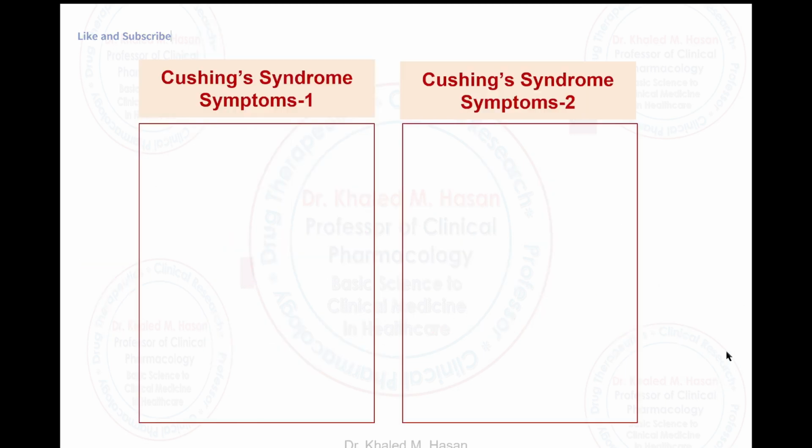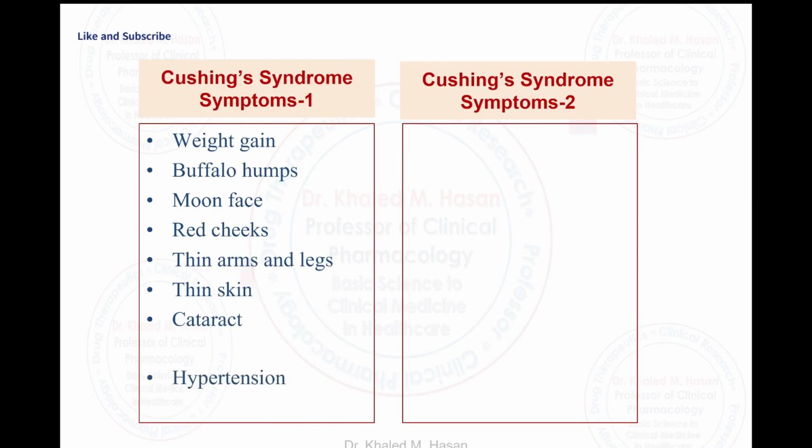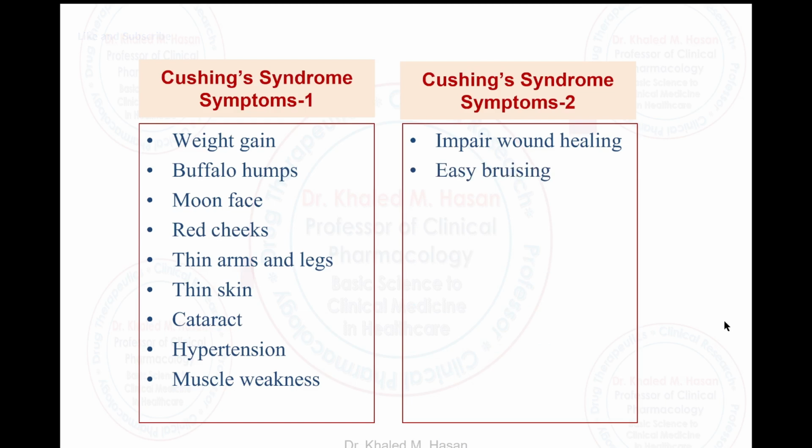Cushing syndrome: what type of symptoms can we see? The patient may suffer from weight gain, buffalo hump, moon face, red cheeks, thin arms and legs, thin skin, cataract, normally posterior cataract, hypertension, muscle weakness, impaired wound healing, easy bruising, infertility.